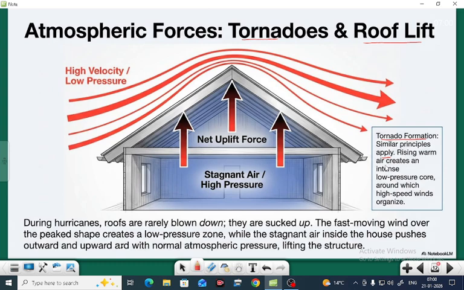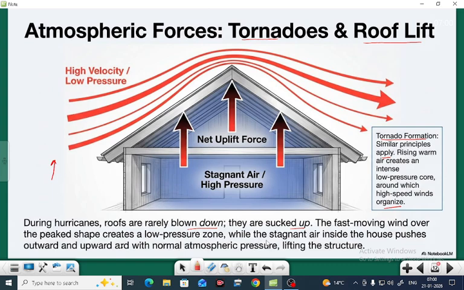Rising warm air creates an intense low pressure core around which high speed winds organize. During hurricanes, roofs are rarely blown down, they are sucked up. The fast moving wind over the peak shape creates a low pressure zone. Here the low pressure zone, and inside is high pressure zone. So there is a lift in the upward direction.